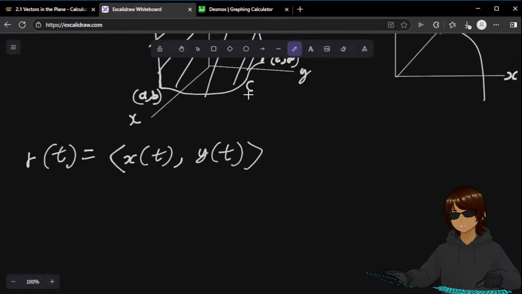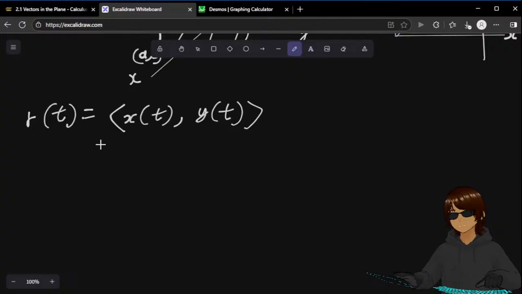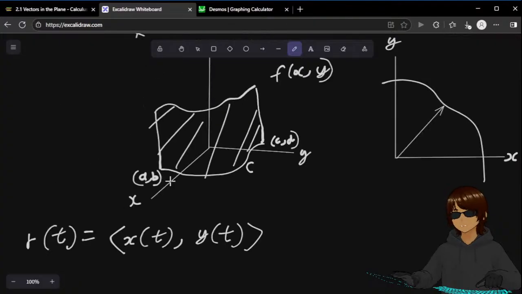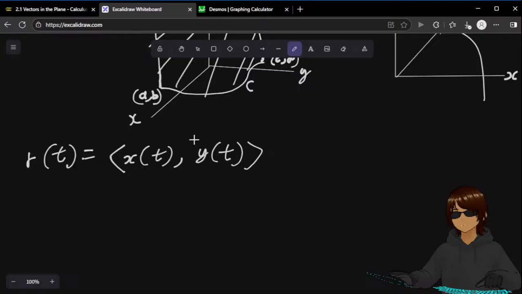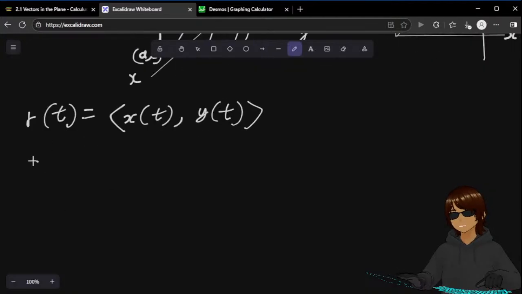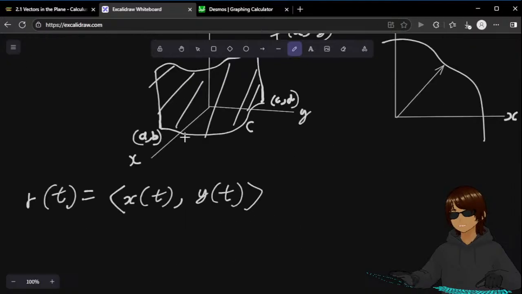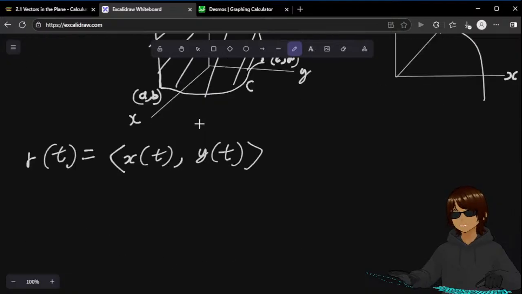We want to find this integral. Suppose f of xy is a function, and this curve is defined by the vector valued function r of t.